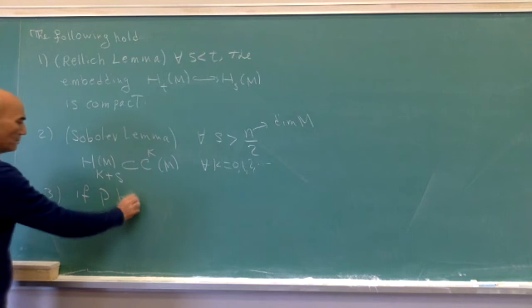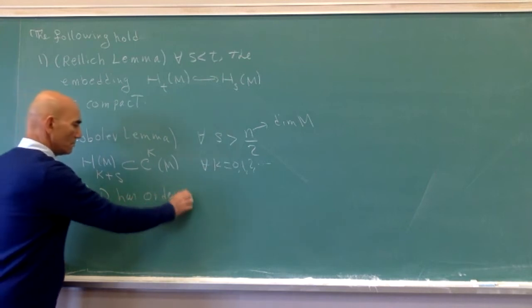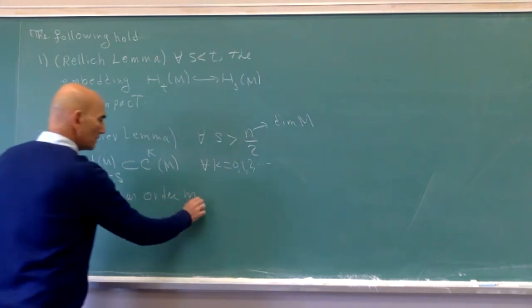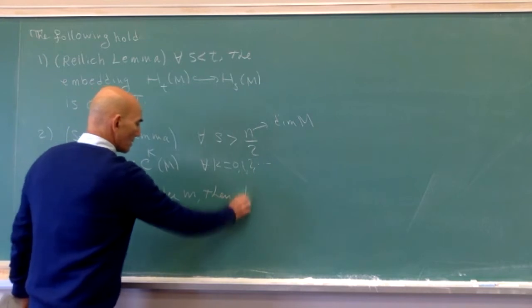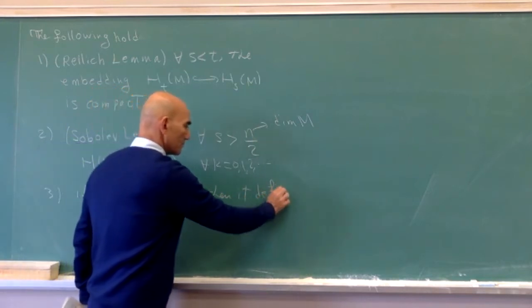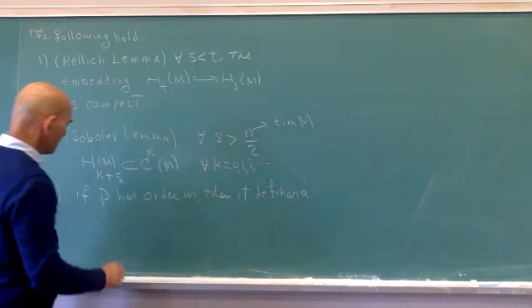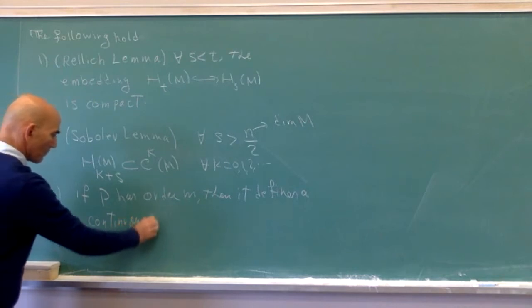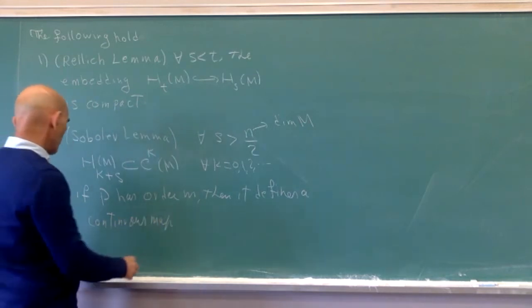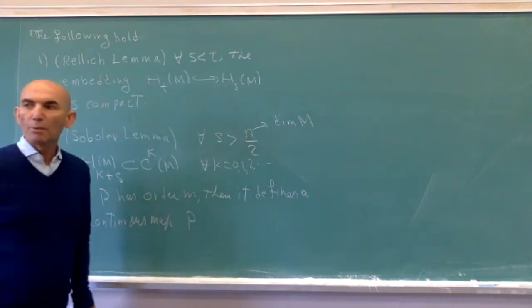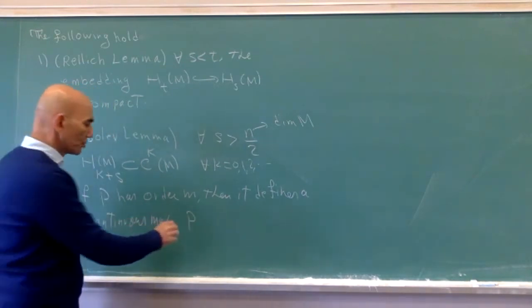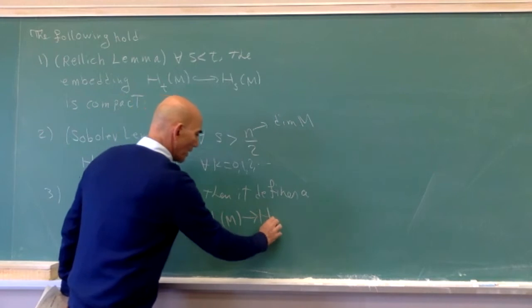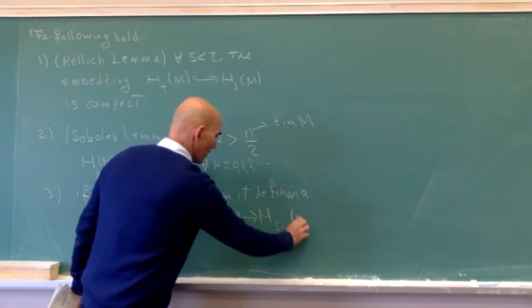P has order m, then it defines a continuous map, which I just denoted again by P, from H^s to H^{s-m}.